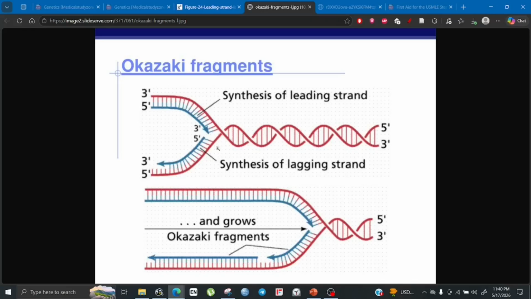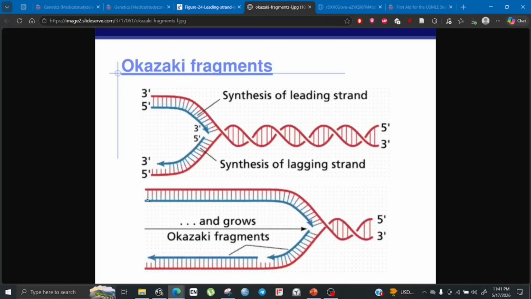If this is the replication fork, the replication fork is continuing to go this way, if you can see my cursor. So there is a strand that is forming in the path of the replication fork. Obviously, whatever strand we're talking about must form in this direction, the direction in which my cursor is going.